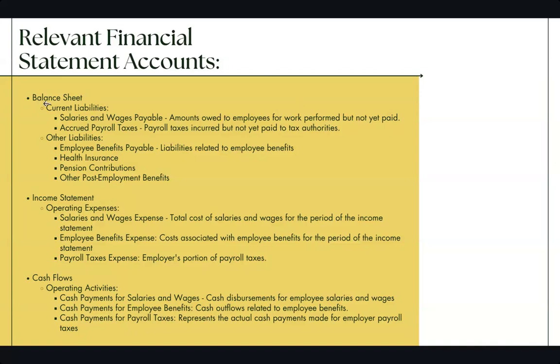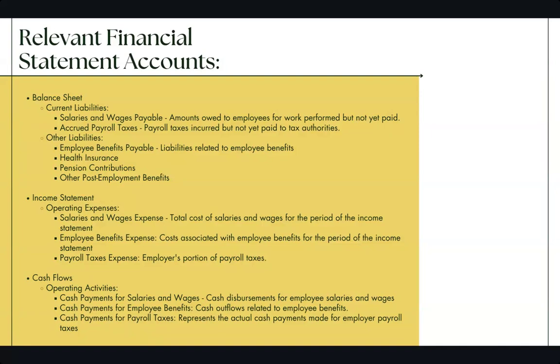If you look at the balance sheet, there are going to be accruals. If your organization is an accrual basis entity, then you will have salaries and wages payable. You'll have accrued payroll taxes, and those will be current liabilities. The other liabilities could be employee benefits payable, health insurance, pension contributions, and other post-employment benefits.